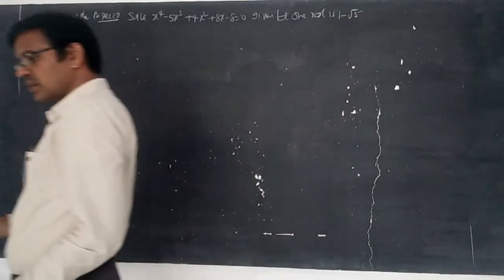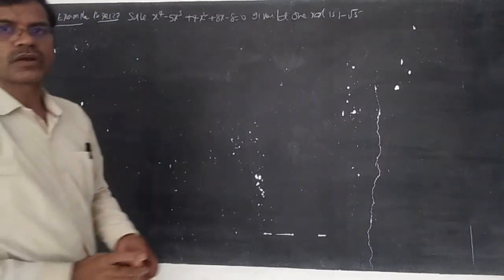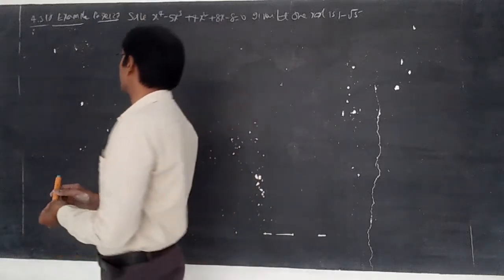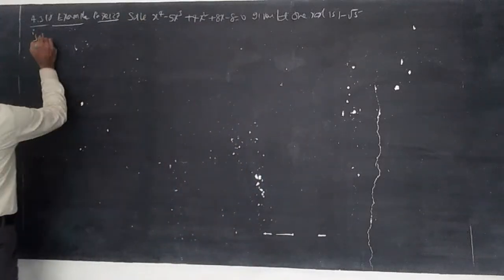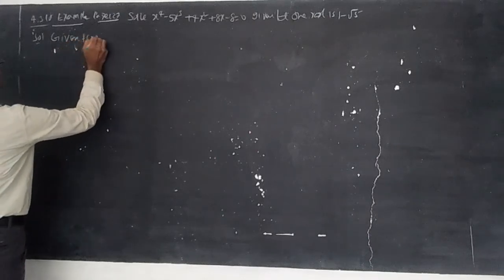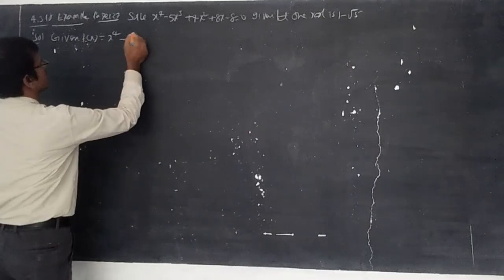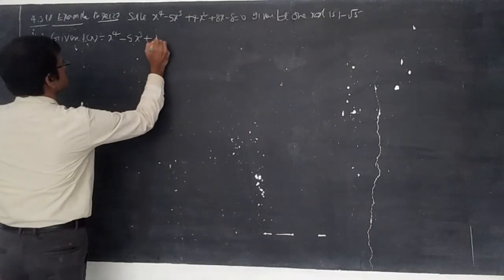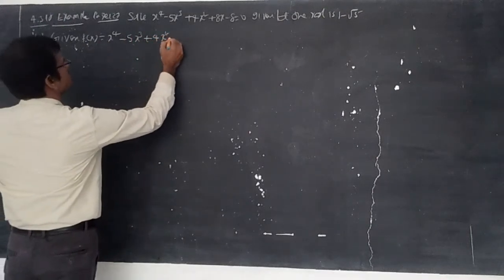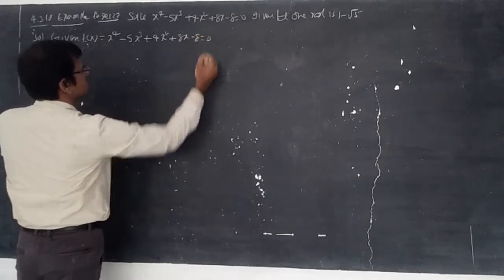This is a biquadratic equation. In the previous example I said conjugate complex roots; now we are going to discuss a conjugate surd as a root. Given f of x is equal to x power 4 minus 5x cube plus 4x square plus 8x minus 8 equal to 0.